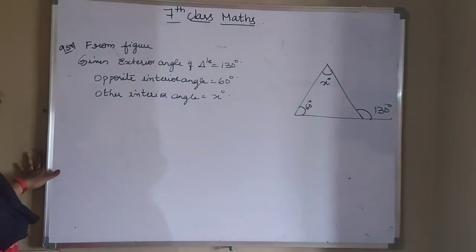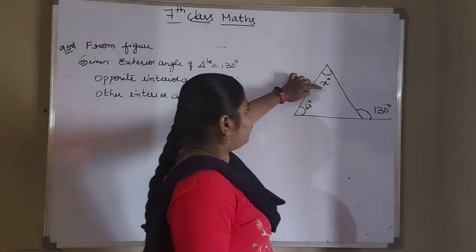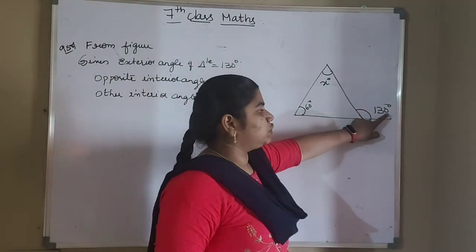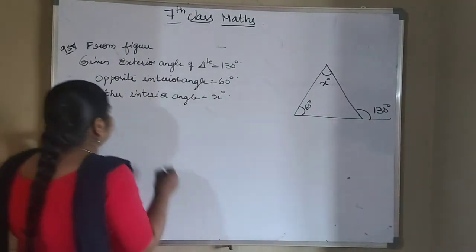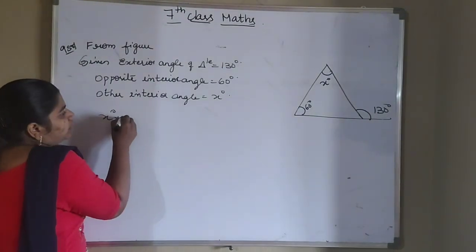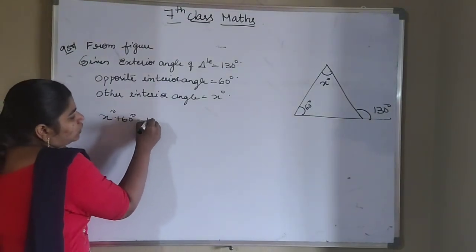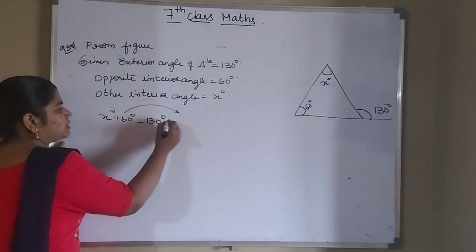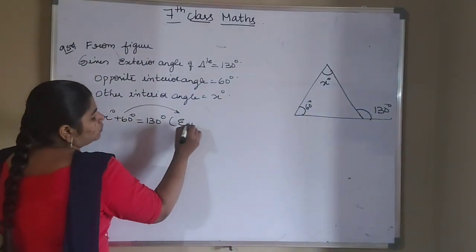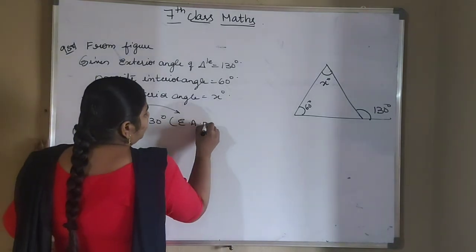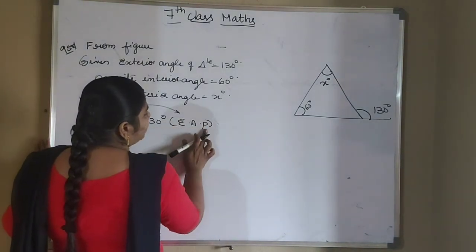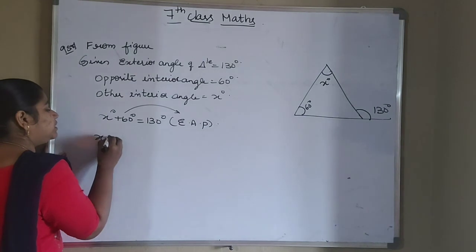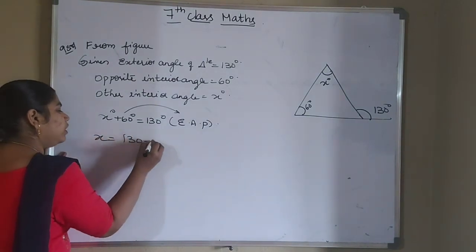So by using which property are we finding? The sum of two interior angles will be equal to the exterior angle, that is, X degrees plus 60 degrees will be equal to 130. I am sending this 60 to the other side. This is by using EAP. EAP is nothing but exterior angle property. So X is equal to 130 minus 60.